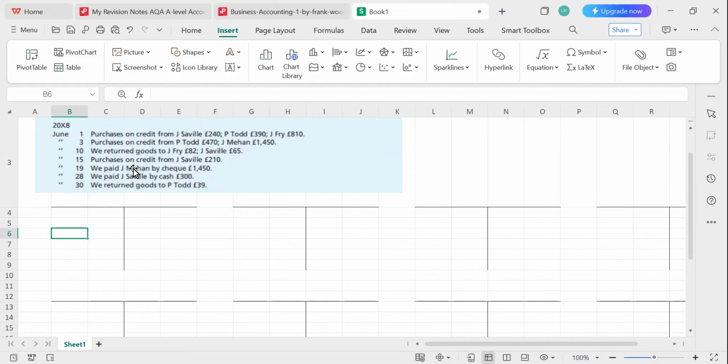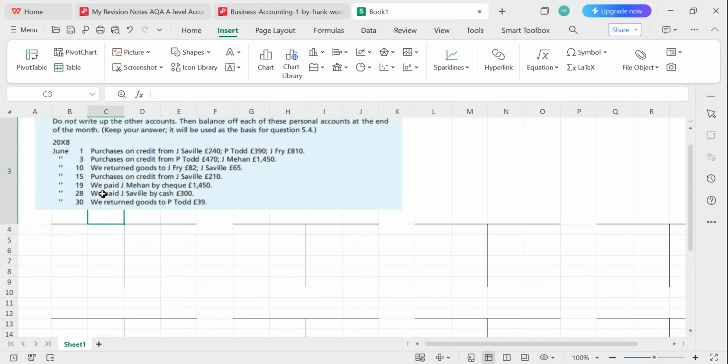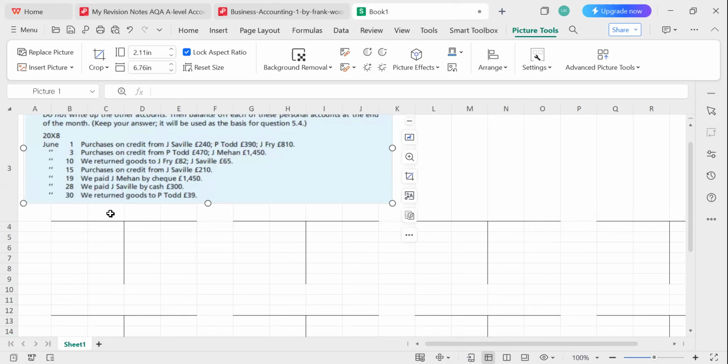We are just going to make these accounts, forget about the requirements. We have purchases on credit from J7, P Todd, and J Fry. Because that's a purchase, we're going to make a purchases account.